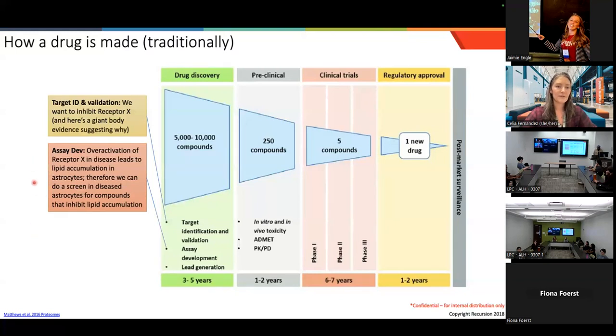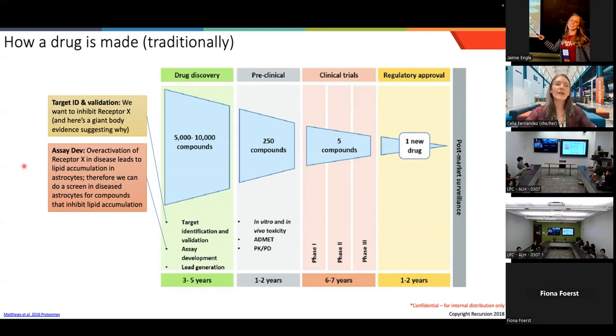And so you do this phase of assay development. Okay, so how are you going to screen a lot of compounds or a lot of different chemicals to find the right inhibitor? Maybe from the previous work that everybody had done on this receptor, overactivation of the receptor leads to a lipid accumulation in some cell type, let's say astrocytes.